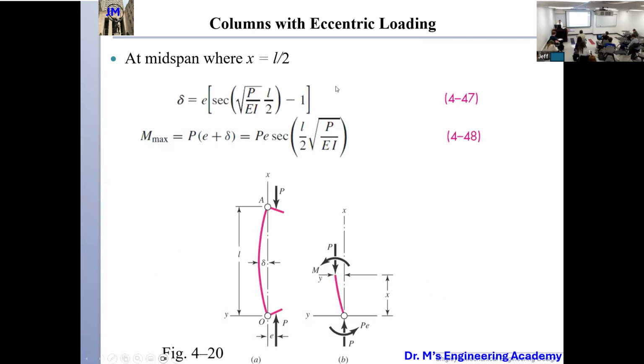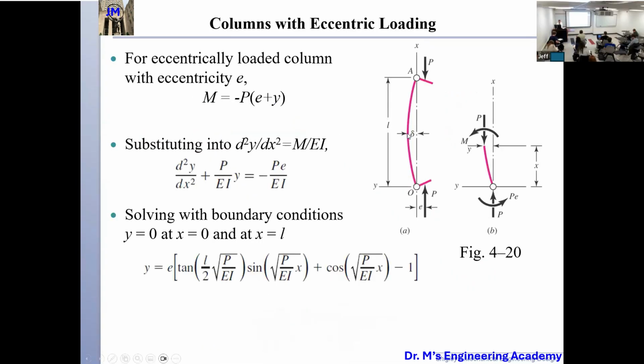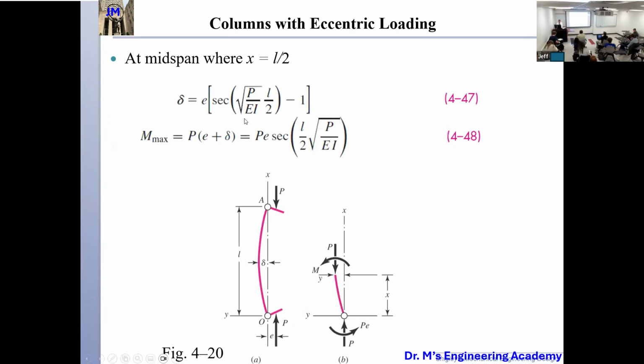So at the middle point of the strut for this case scenario, we know the delta is maximum. So this is when x equals half L, and so we can get this delta, the deflection.